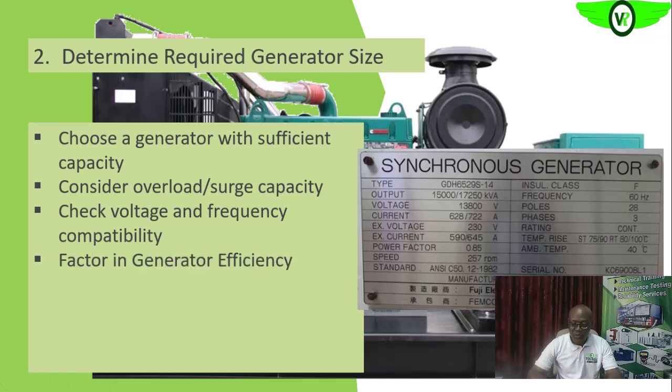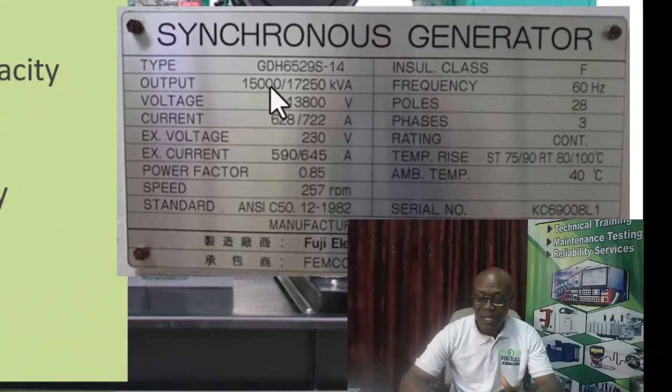So you also need to look at the generator efficiency. Remember, the efficiency will determine the amount of this power that will be available to you. Are we getting it? So you have to determine the efficiency, and one factor that affects the efficiency is the power factor.